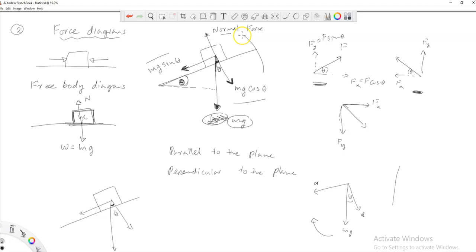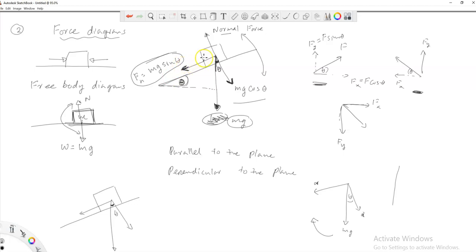These two are equal to each other. They cancel out, similar to how these two forces cancel out each other. So the only unbalanced, non-zero force, or the net force, is this guy, mg sine theta. And this is what creates the acceleration down the ramp.